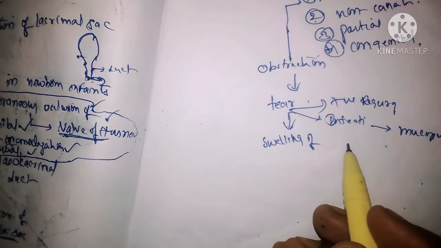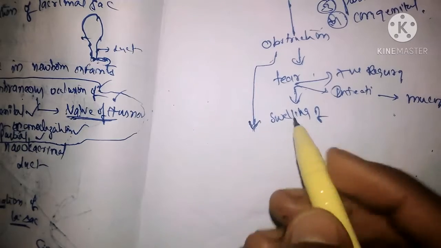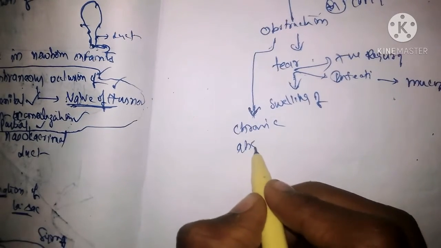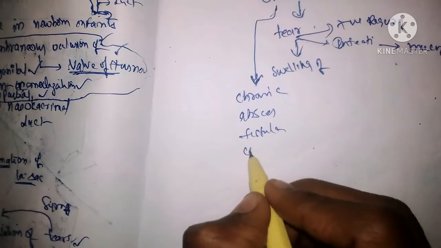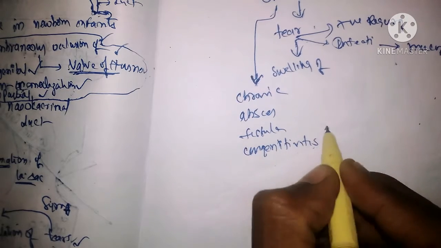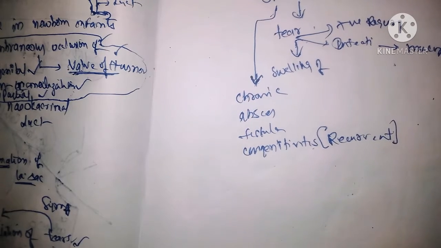And if you don't treat this, what do you see? It results in chronic form, abscess formation, fistula formation, and the conjunctiva will also get affected. That is conjunctivitis. Most of the time it is recurrent. Clear?